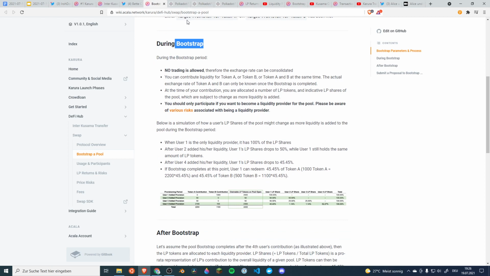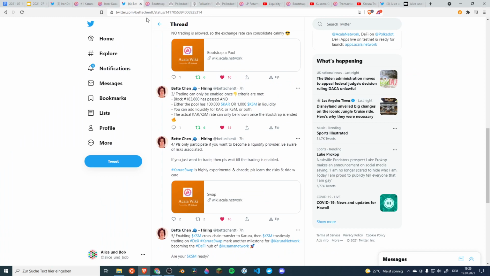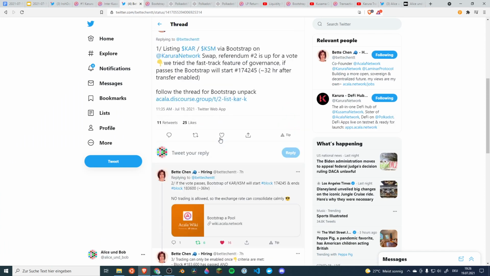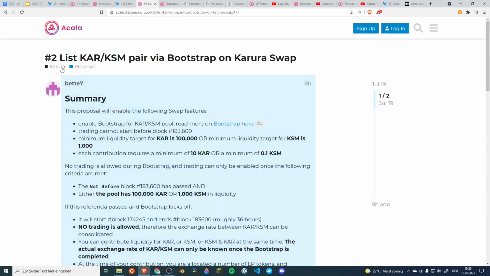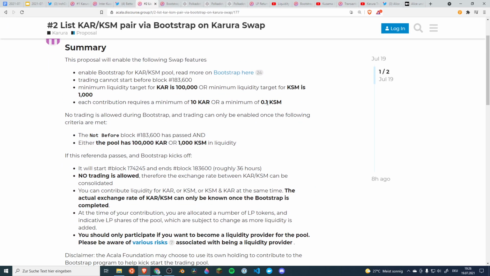This has been introduced in referendum number 2 that is currently happening. We can find the referendum linked here: list KAR KSM pair via bootstrap on Karura, and you find all the information on what is needed.